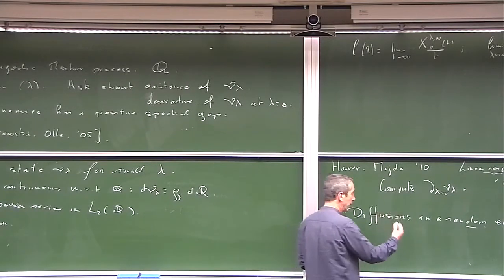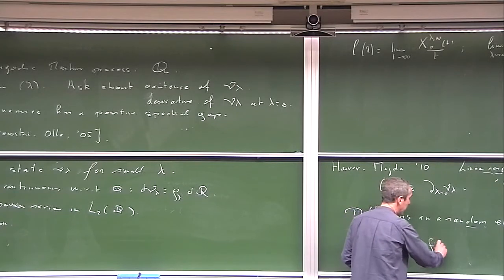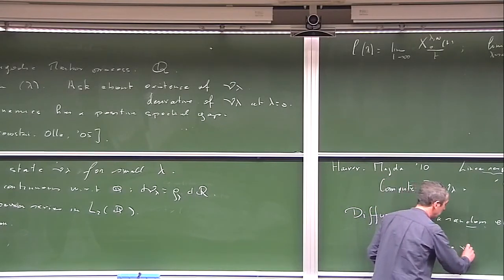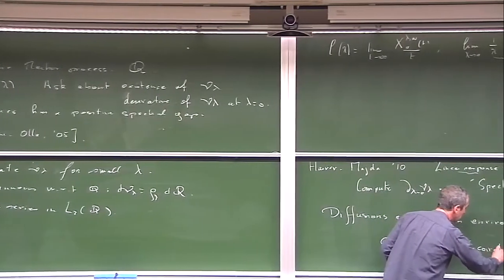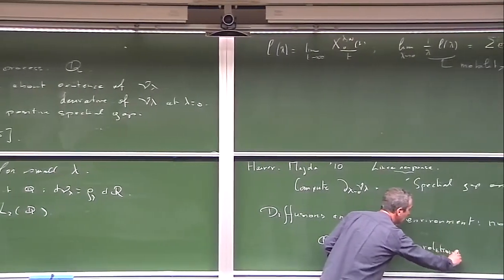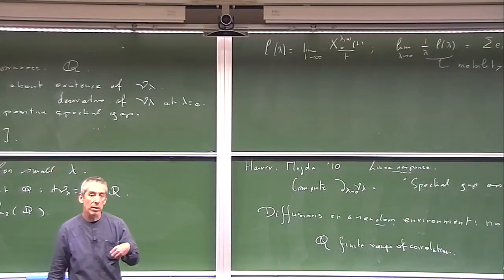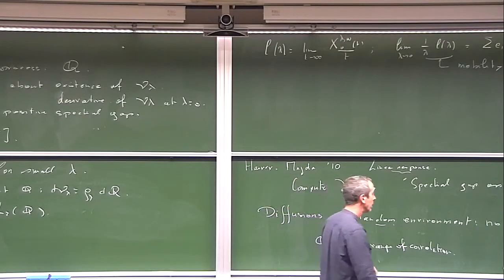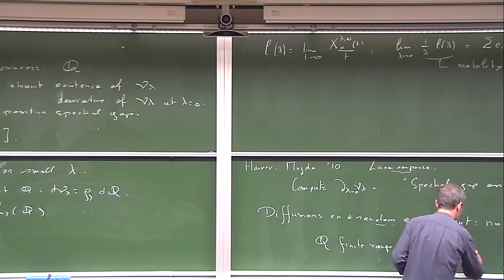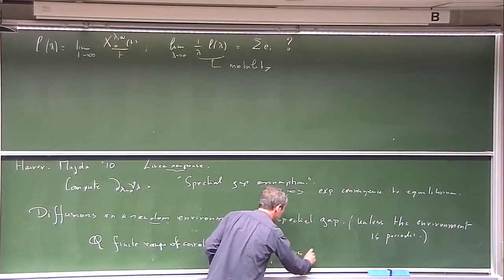Typically, when Q has a finite range of correlation, we don't have exponential convergence to equilibrium. What we have is a polynomial speed for the convergence to equilibrium. So you have polynomial convergence to equilibrium.